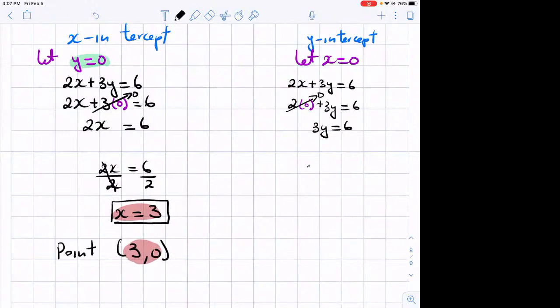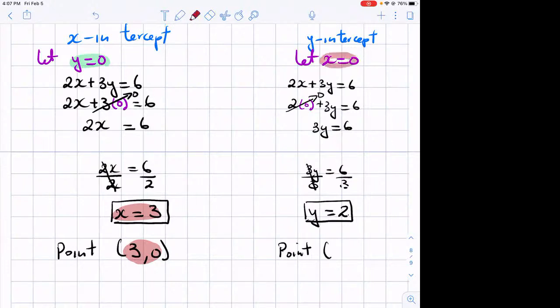And if we do this, we can now divide both sides by 3, and hence we have y is equal to 2. And before you do anything, write the point. The point here is, remember, you choose x to be 0. So the point is 0, 2. Here is your point.